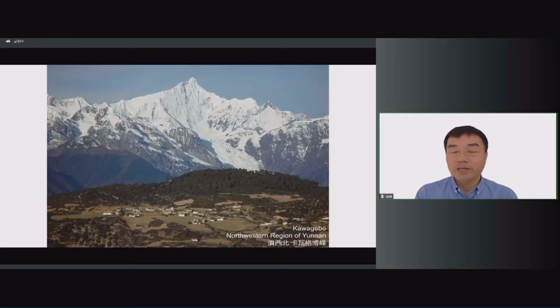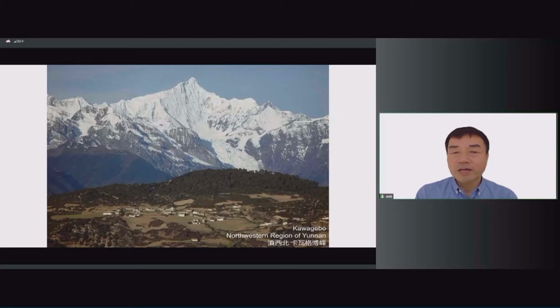At that time, I had a lot of chance to visit this area, especially in 2002, when I had a chance to have a field trip to visit the Meili Snow Mountains, and the nature shocked me, and I was deeply touched by the nature, by the beautiful scenery, by the culture, by everything of this mountain.